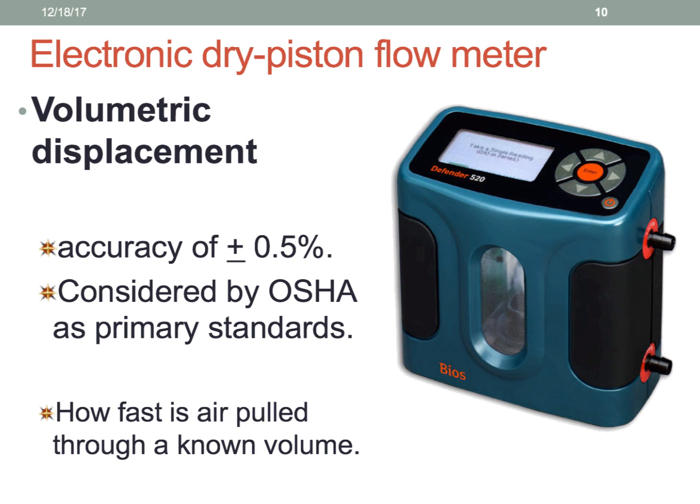OSHA considers this a primary standard, and it'll measure how much air is being pulled through our sampling device. So the first type of primary standard is an electronic dry piston flow meter. And I'm going to show you an example of that.